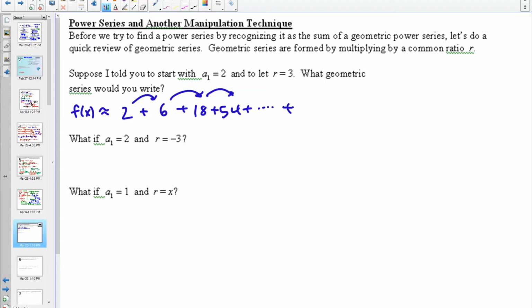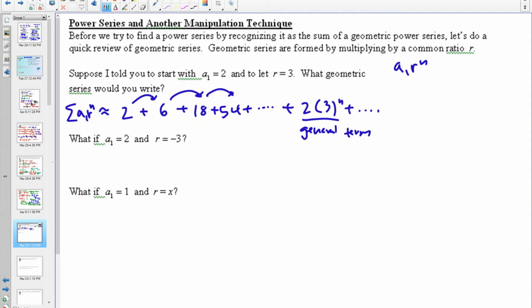And how would you write this nth term? It would be a1 r to the n. This summation here is a1 r to the n. If you wrote it, a1 would be 2, your r here would be 3, and you take it to the nth power. And that's how you write the general term for a geometric series.